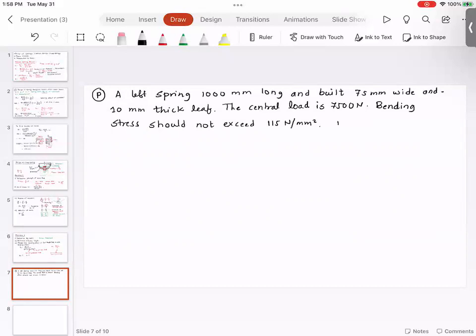Determine the radius of curvature and number of leaves.